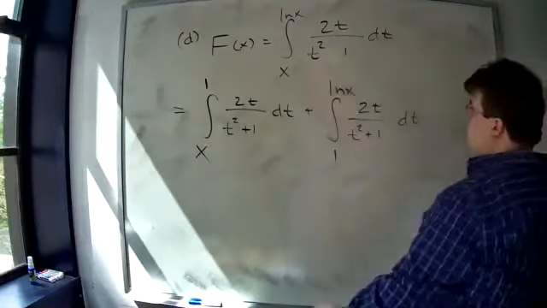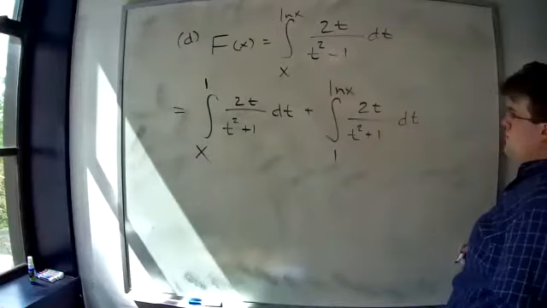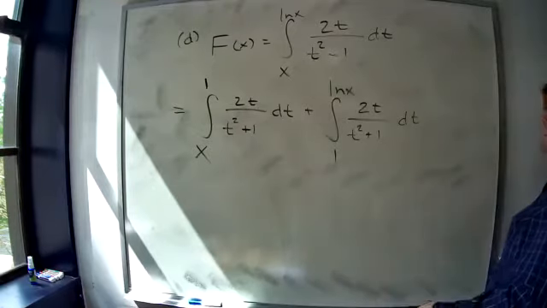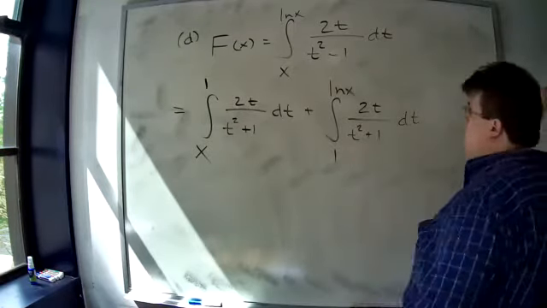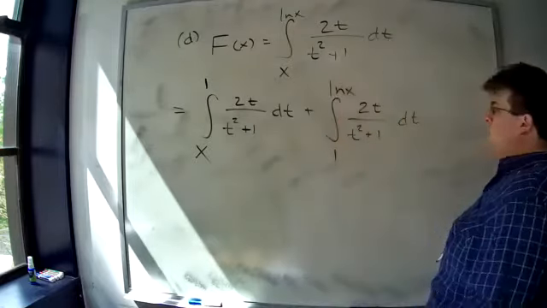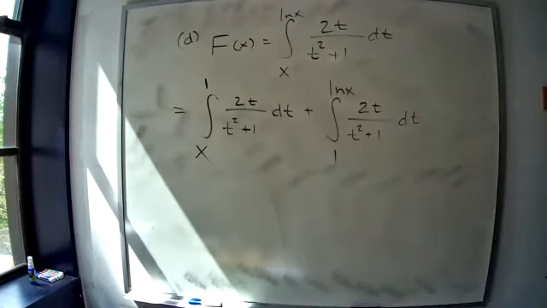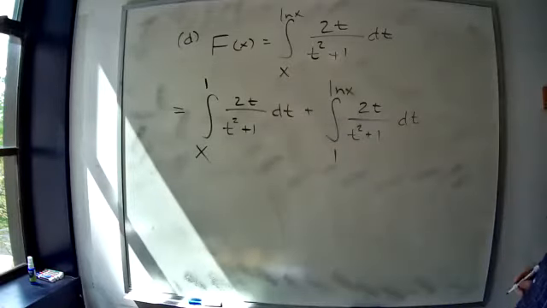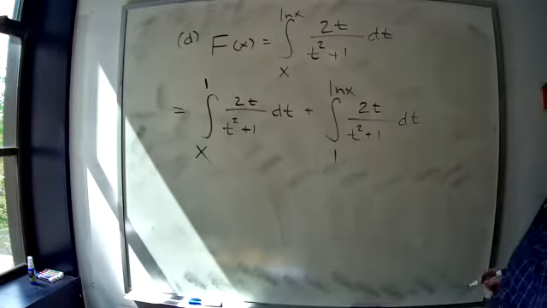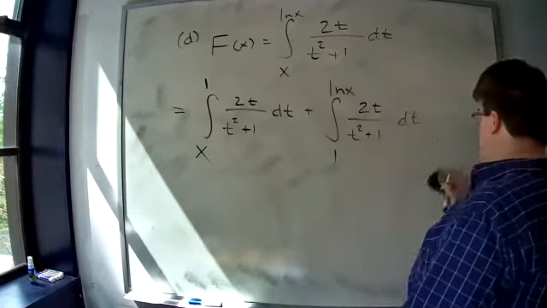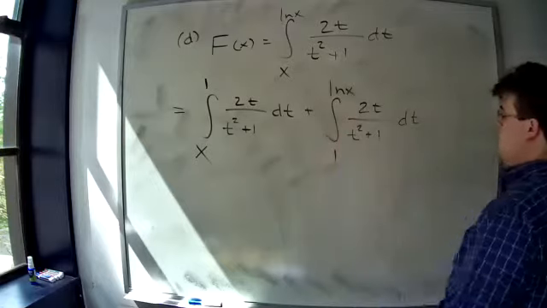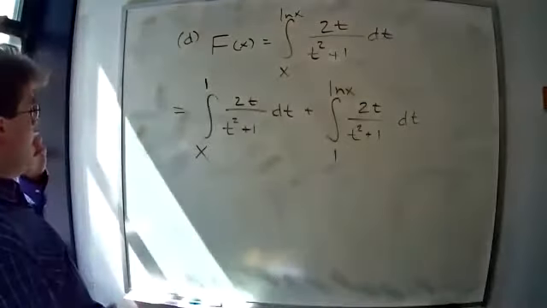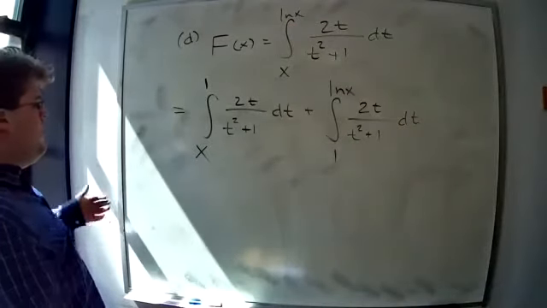If this were t squared minus 1, you couldn't choose 1 because the denominator is not defined there. So the only restriction on the number you choose is that the integrand has to be defined there. Here, the bottom is t squared plus 1, so you can put any real number in there. If you want, you could say pi or √2 or 30, but I'll choose 1.